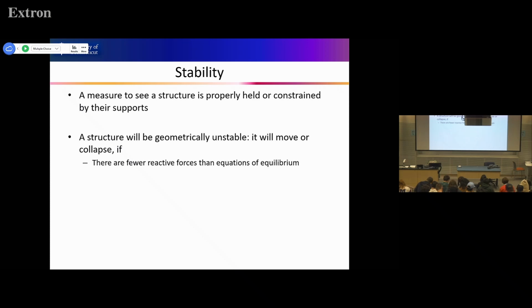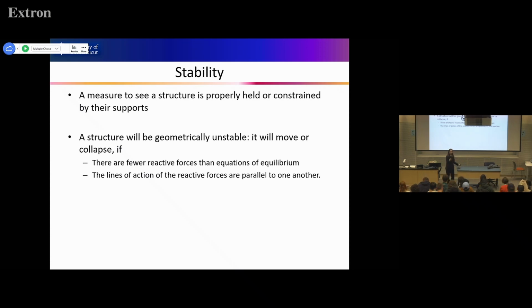We need at least 3 reactions to make the structure stable, okay? So that is the first one. And then the lines of action of the reactive forces are parallel to one another. So even though we have 3 reactions, if the lines of action of those forces are parallel to each other, then it is unstable. So what does that mean?